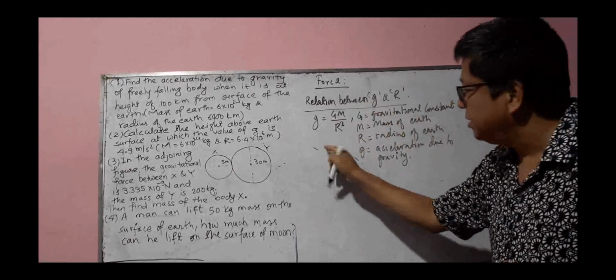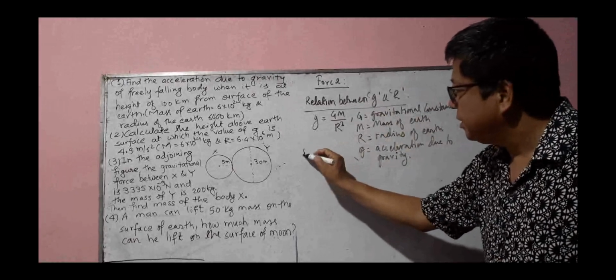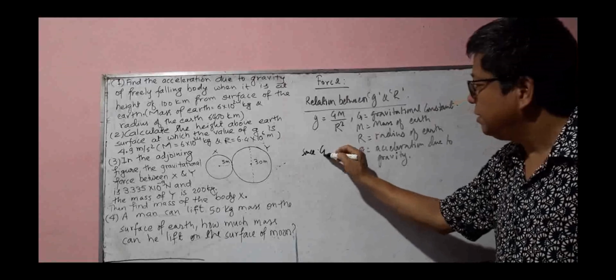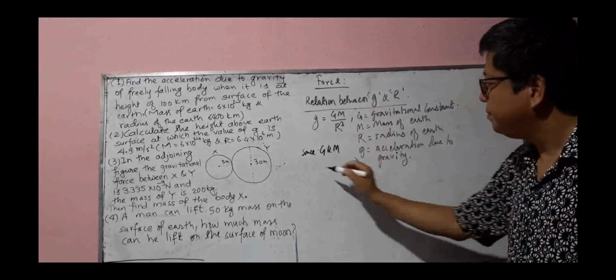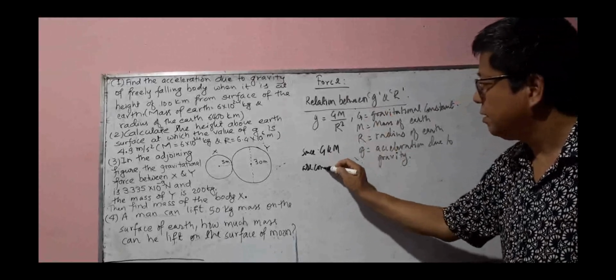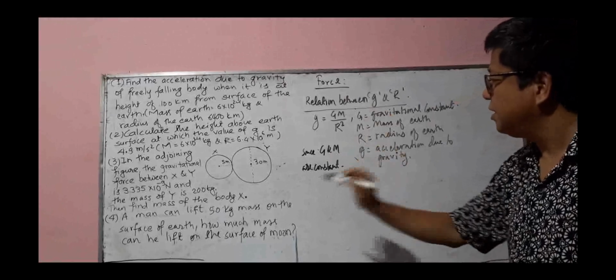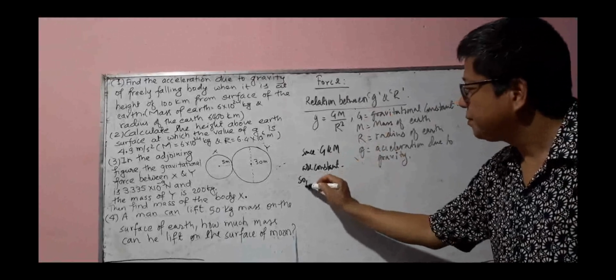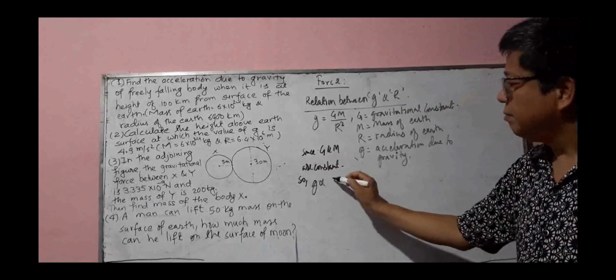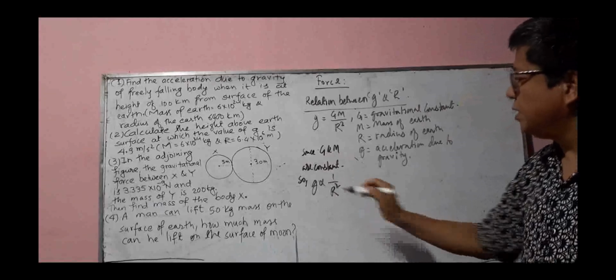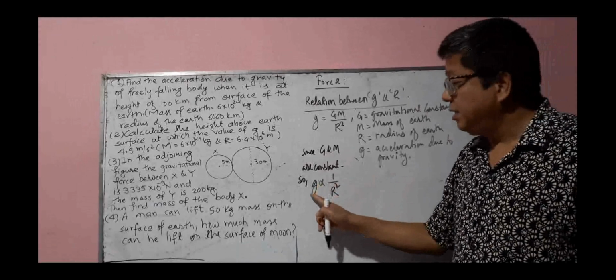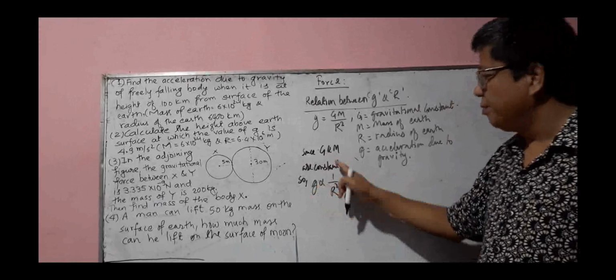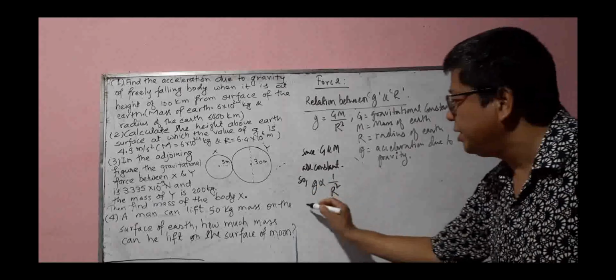So what we can write from this result, since G and M are constant, so g varies 1 by R square. That means g is inversely proportional to the square of the radius.